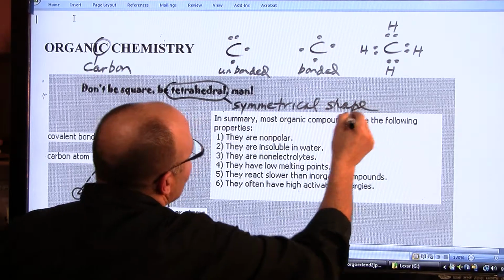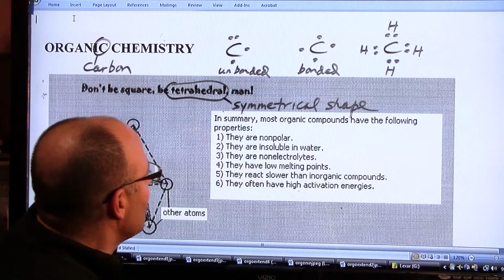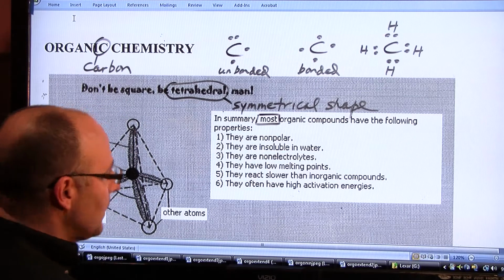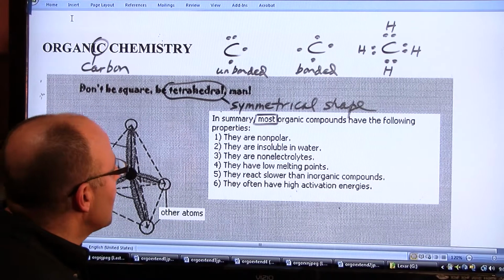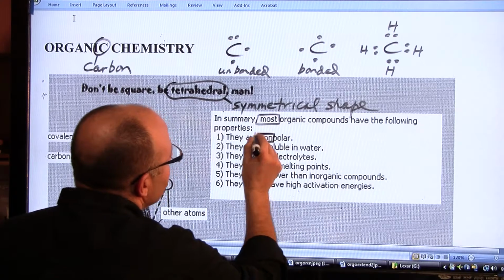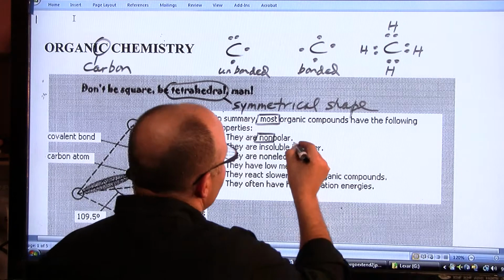And as you recall, symmetrically shaped molecules, which applies to most organic compounds, are nonpolar. They are nonpolar or non-dipoles.